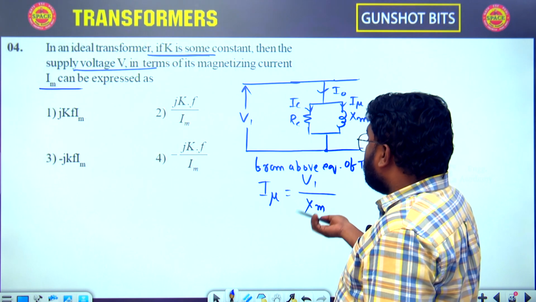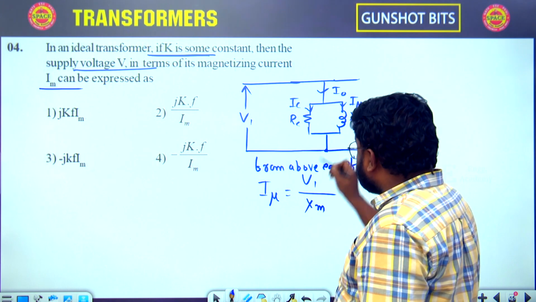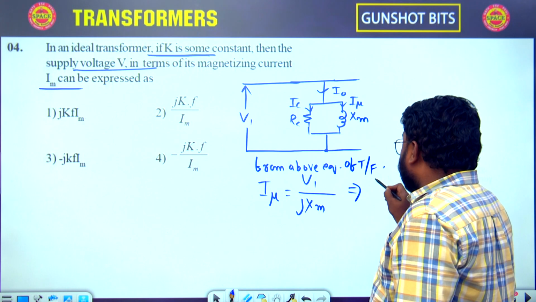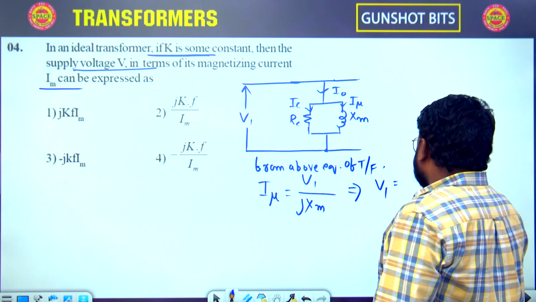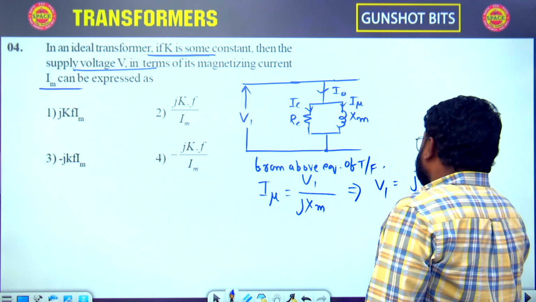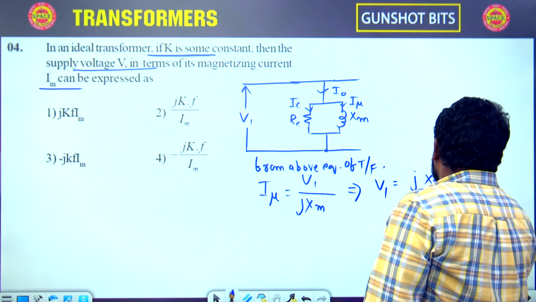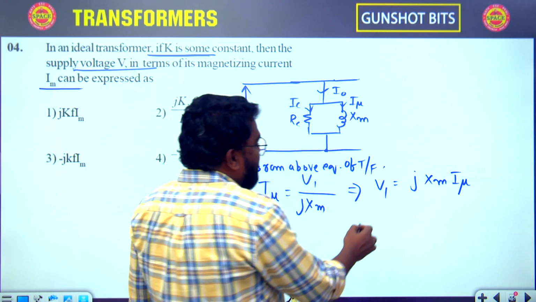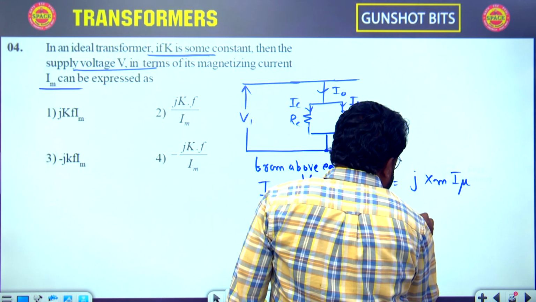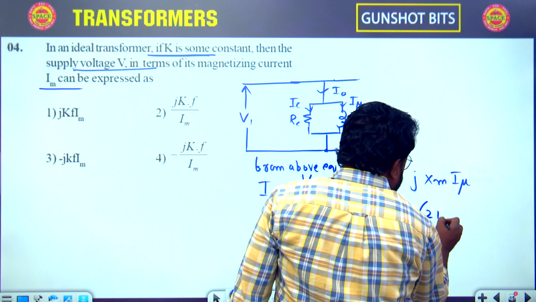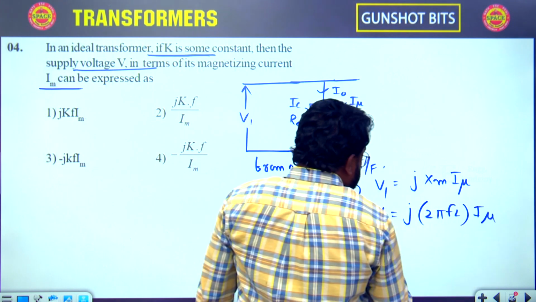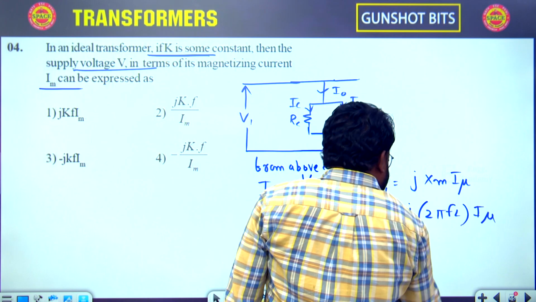Where XM is the inductive reactance, that's why we can write jXM. Therefore the applied voltage V1 is equal to j into XM multiplied by I mu, where I mu is the magnetizing current of the transformer. So the applied voltage V1 is j times 2 pi f L multiplied by I mu. This one is V1, the applied voltage.